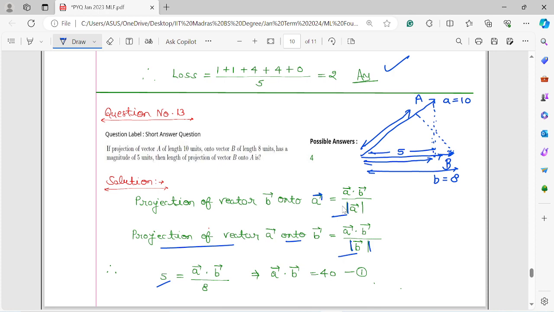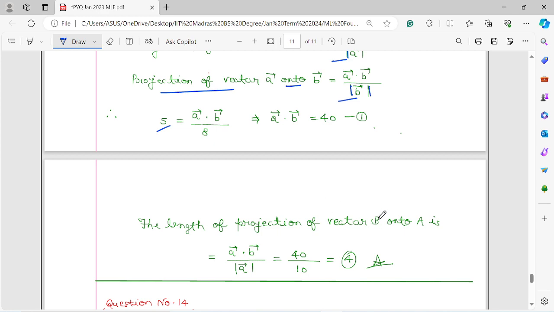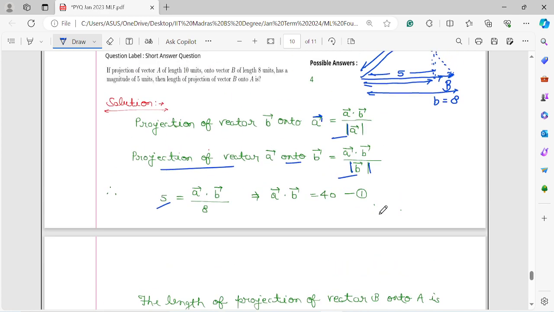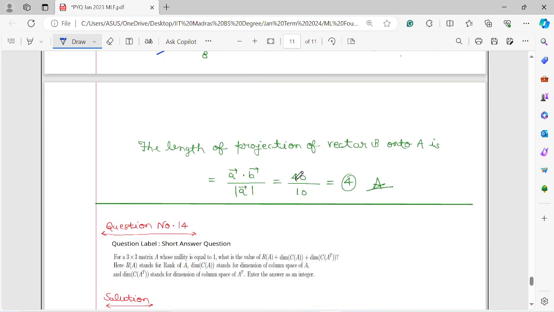So we calculate the dot product of these two vectors as 40. Now the length of the projection of vector B onto A is asked. So we use A dot B, which we calculated as 40, and the magnitude of A is 10. We divide 40 by 10, which is 4. So our final answer is 4.